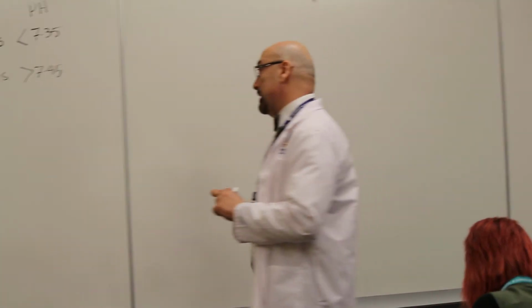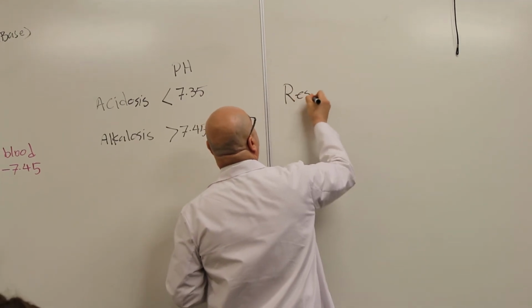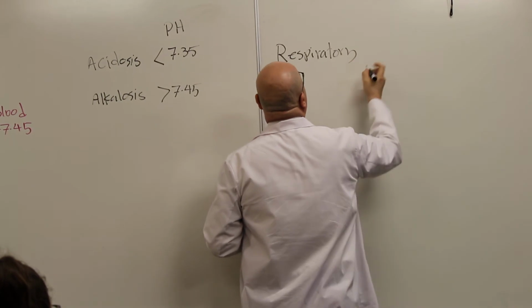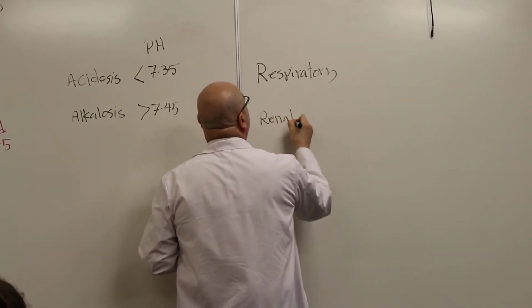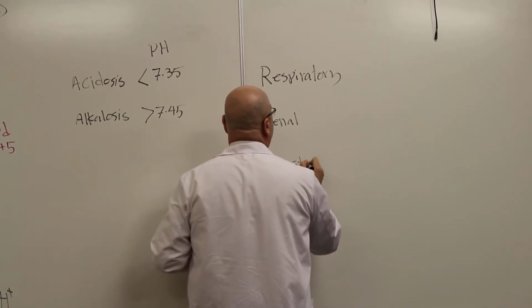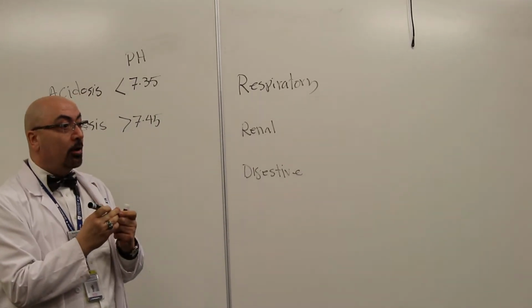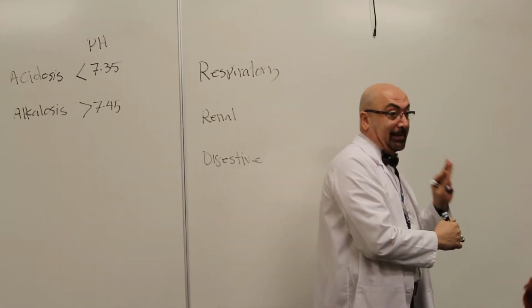What are those body systems? Respiratory. Very good. So we have respiratory system, renal, and we have digestive system. Very good. So these are the 3 systems that are going to handle different parts of this pH balance.